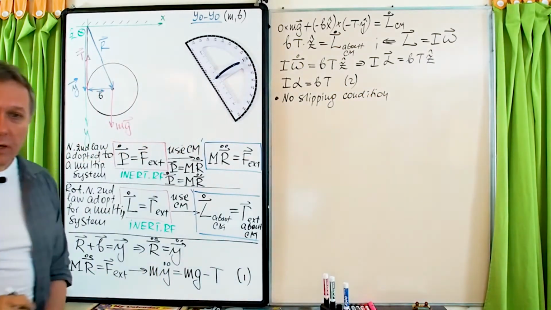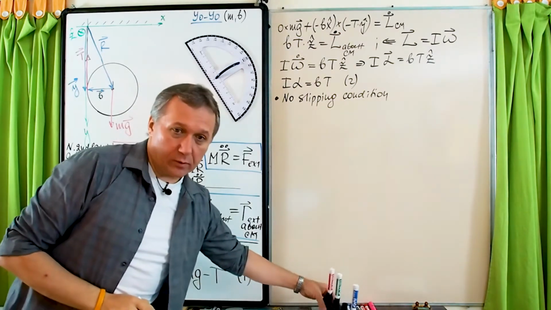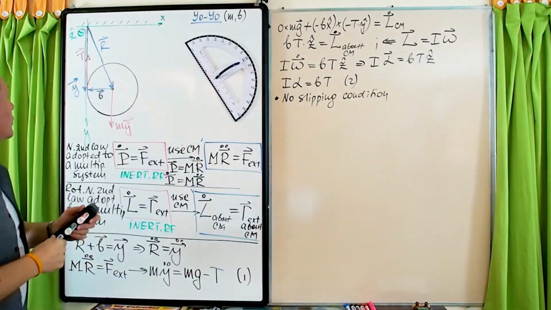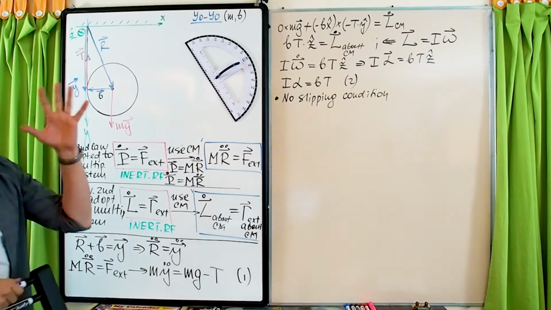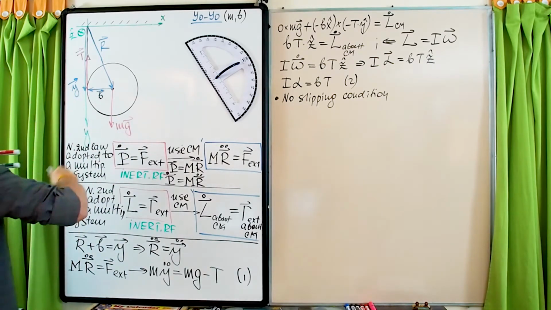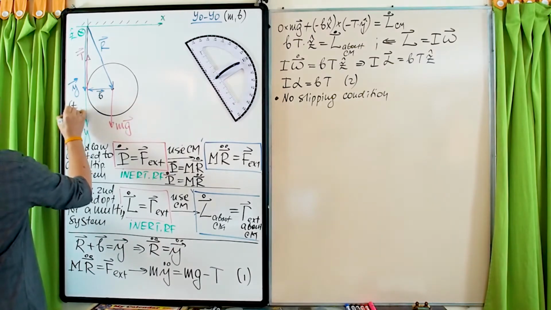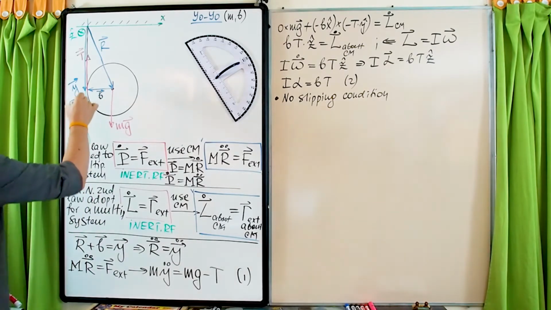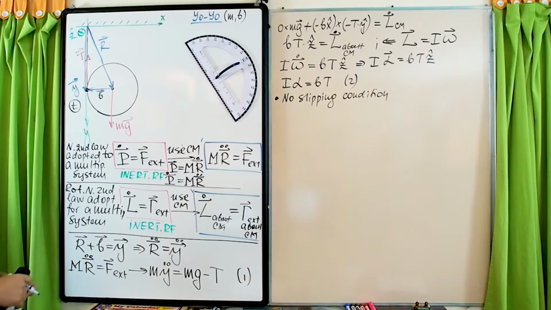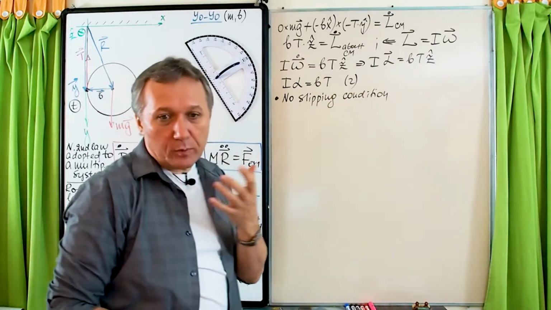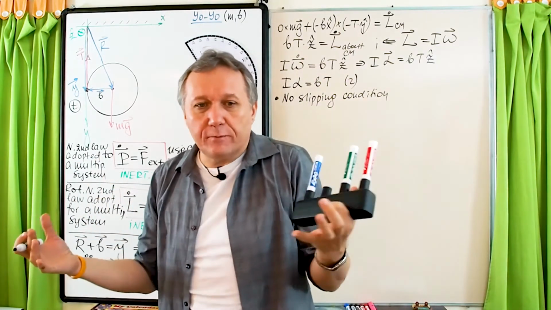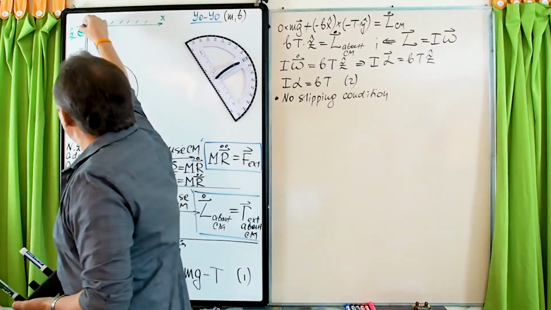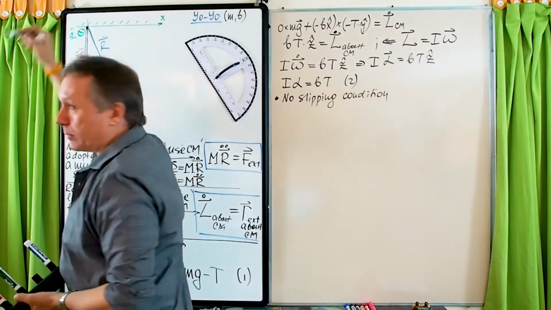I usually try to draw something nice on the diagram to show what that is. So let's assume this is at the moment of time t, and the point of contact is over here. But let's imagine that at the initial moment of time, t equals 0, the point of contact was at that point.